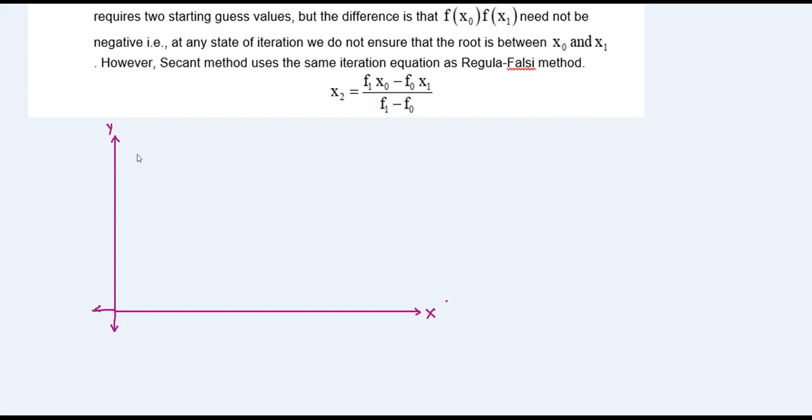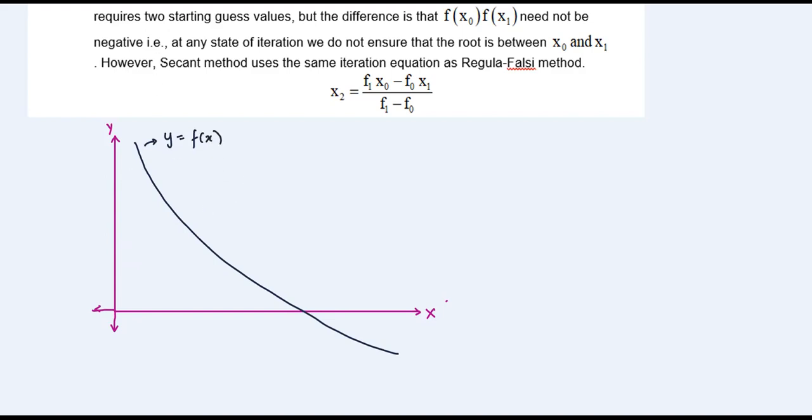So let us say this is the function y equal to f of x.